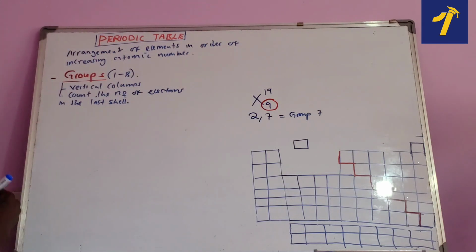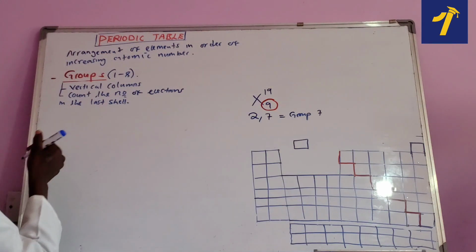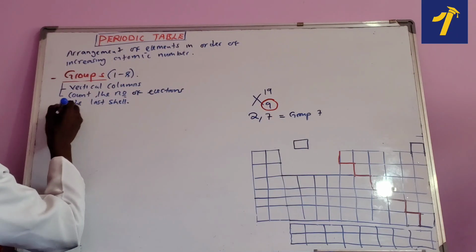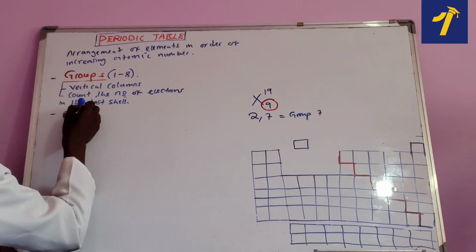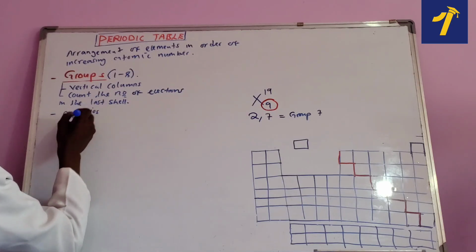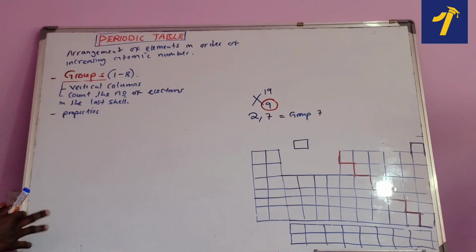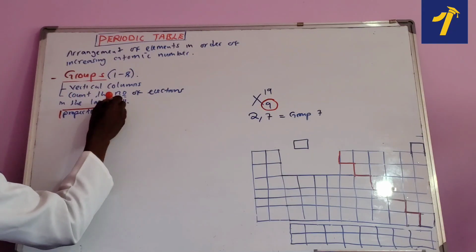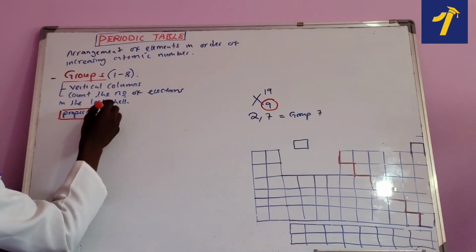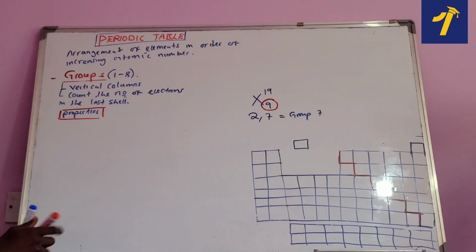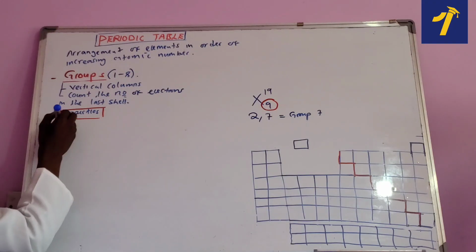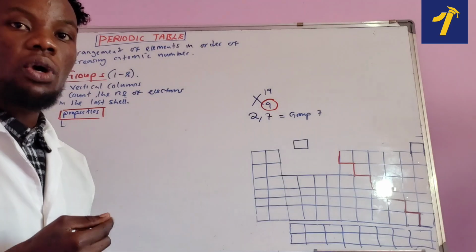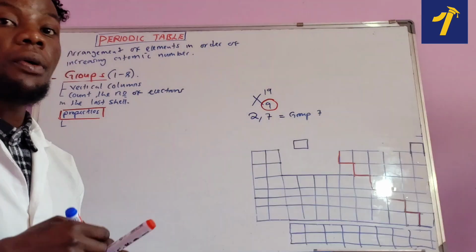Then the other important concept that you need to understand about the groups is the properties, the general properties of the groups. What are the general properties of the groups? The general property is that these groups are going to have the same chemical properties.